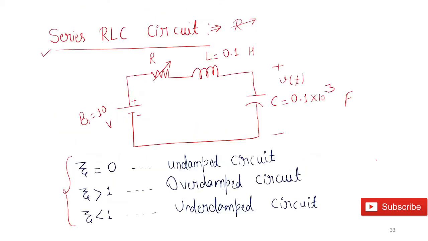So as you can see in the circuit, the resistance value I will vary, and the L value is fixed at 0.1 Henry and the capacitor value is 0.1 millifarad. Okay, so I am just checking the waveform across this capacitor, and the input voltage is 10 volt. Okay, let's see.